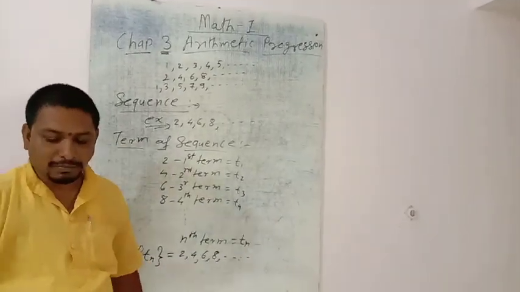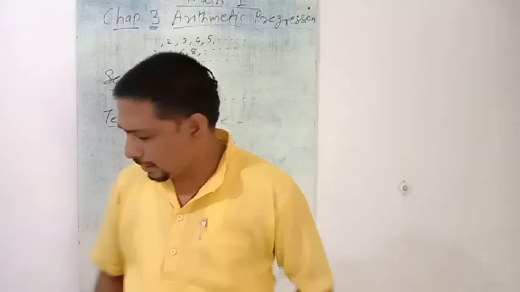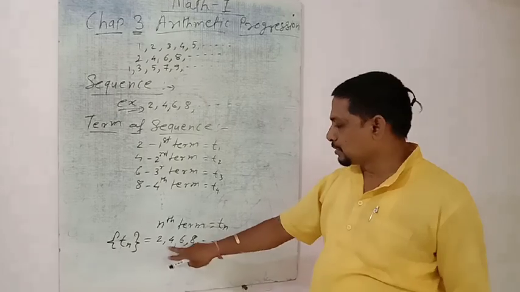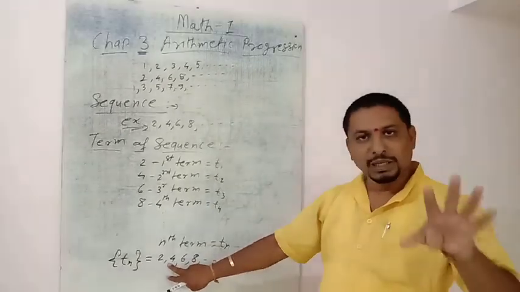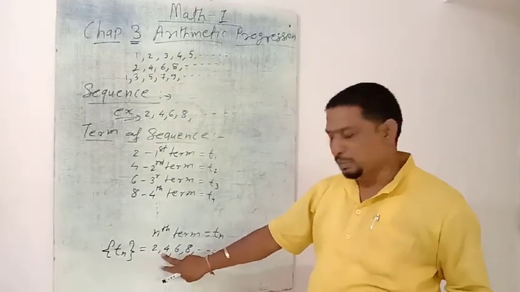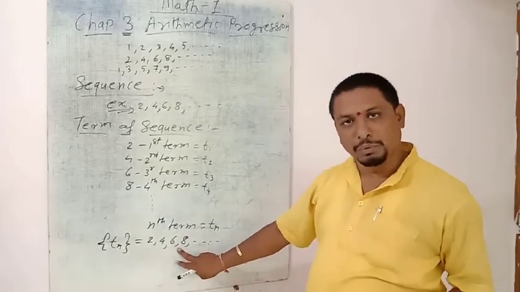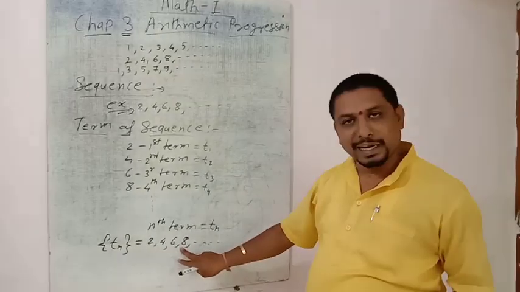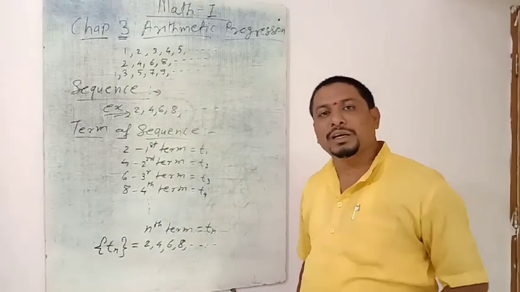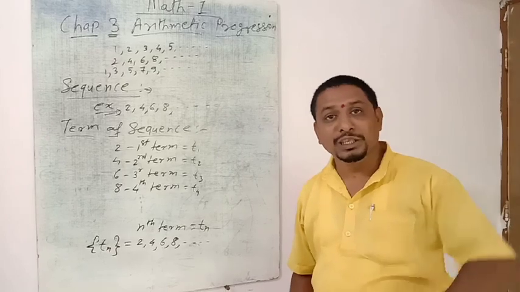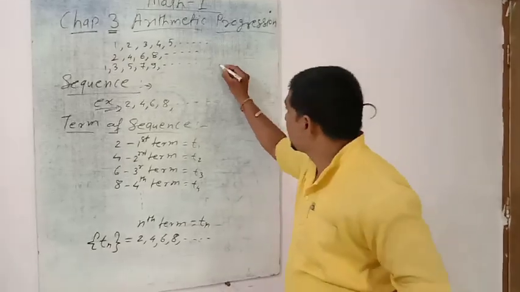The first term is 2, meaning T1 is 2. The second term is 4, meaning T2 is 4. The fourth term is T4, so the fourth term is 8. Suppose we take 100 terms. That term is denoted as T100.